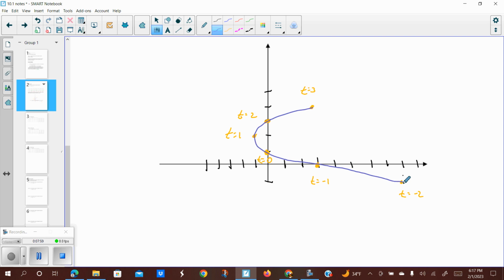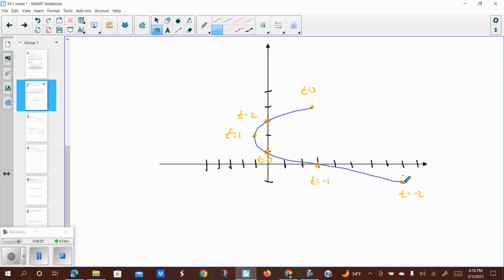As a matter of fact, it would fail the vertical line test at several places, so it would definitely not be a function. However, in parametrics, this is a function because for every t value that we have, there is only one ordered pair associated with that specific t value. So it actually is a function.